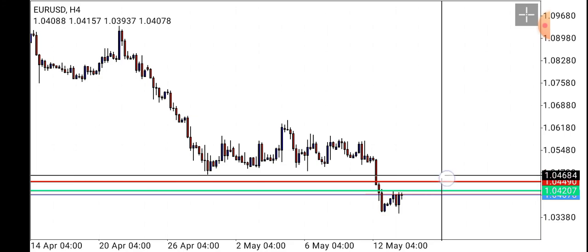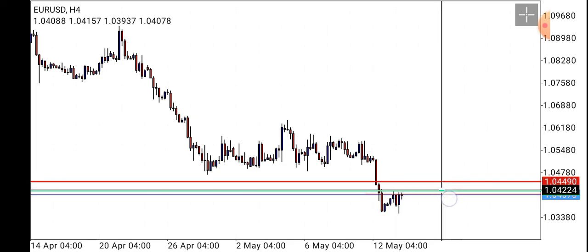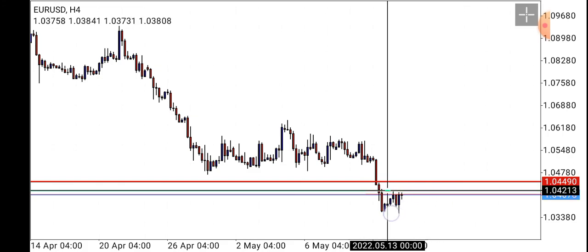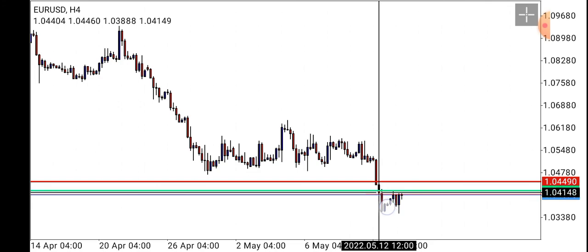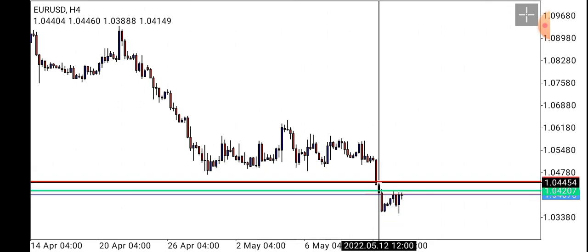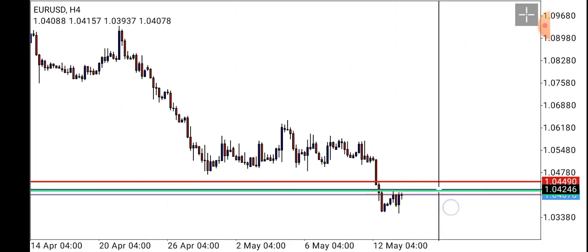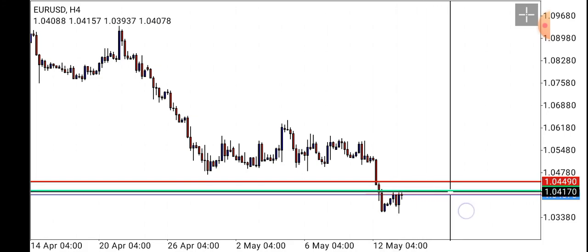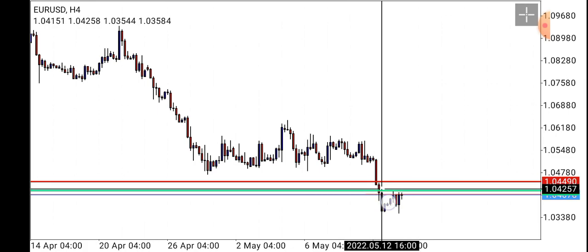Since I've gotten the weekly and daily pivot, I would also get my 4-hour pivot. I would be using this candle for my pivot calculation, this 4-hour candle. And the reason for that is that my daily pivot is lying on the body of this bearish candle.